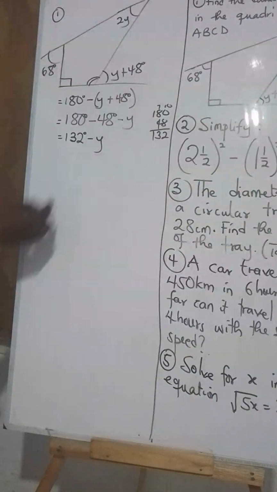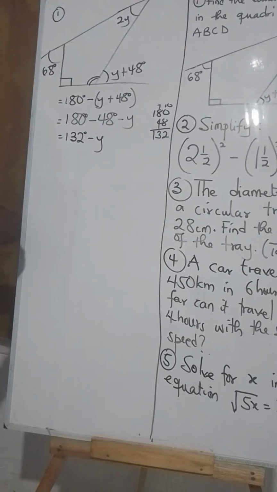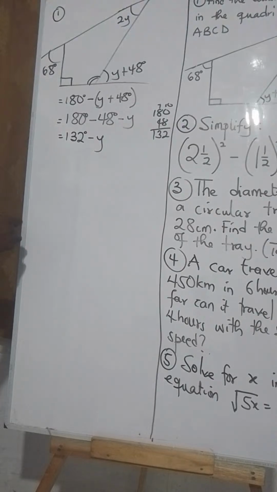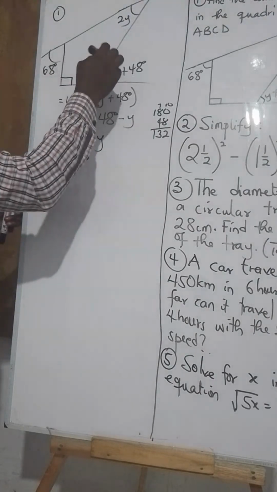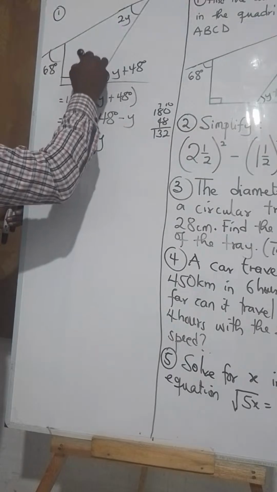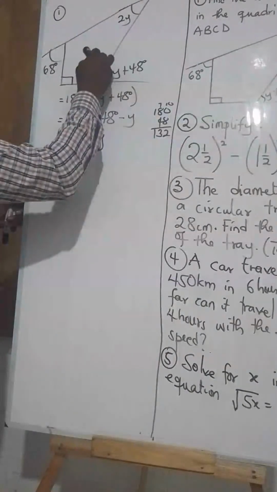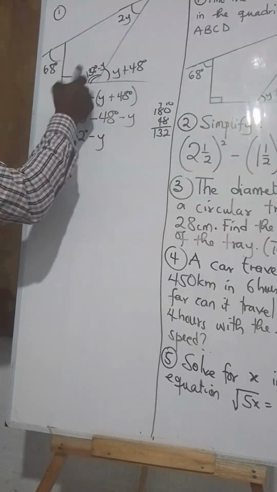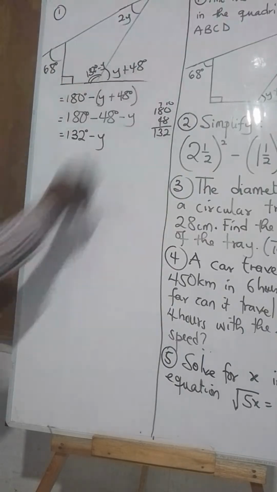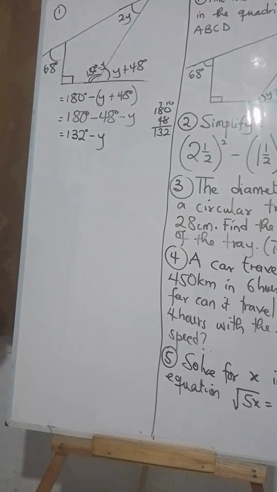So this side will be 132 minus y, using adjacent angles on a straight line.